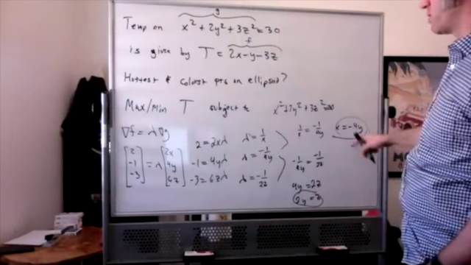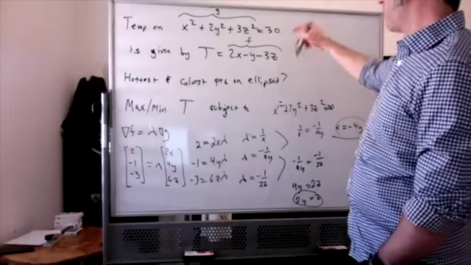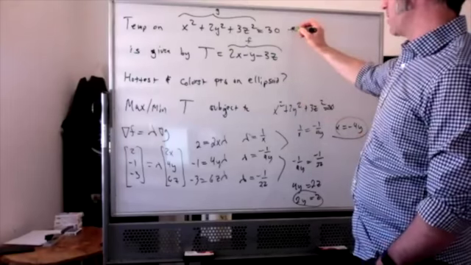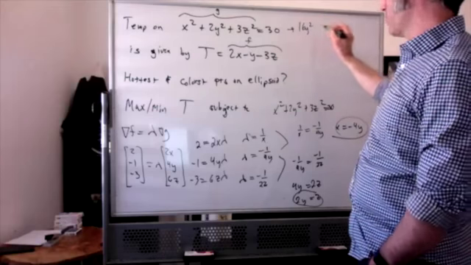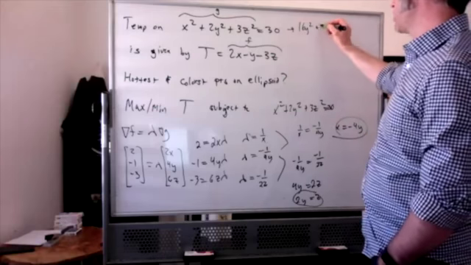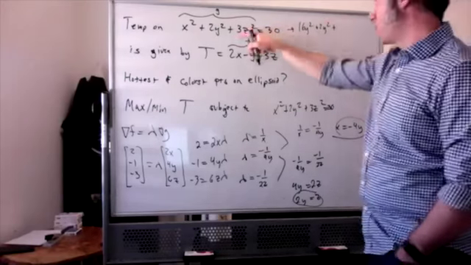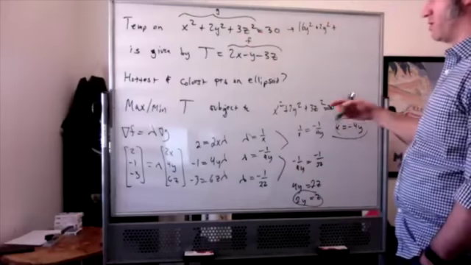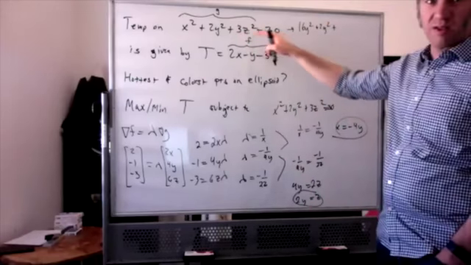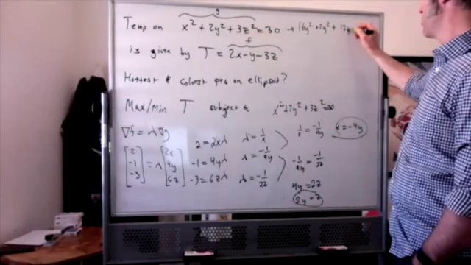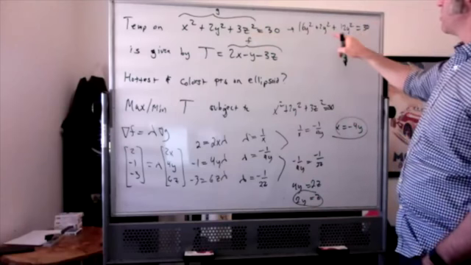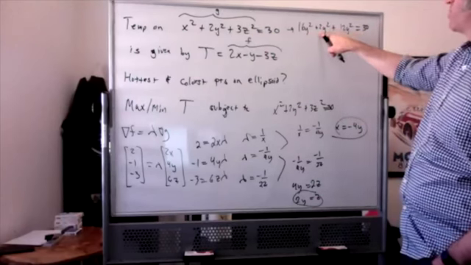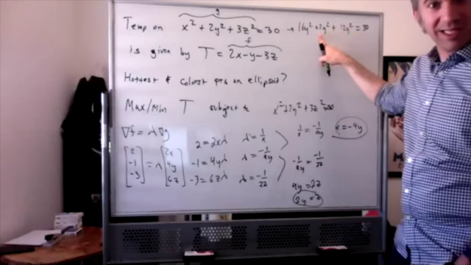Let's plug those back into our constraint. I've got (-4y) squared, so I get 16y squared, plus 2y squared, plus 3 times z, which is 2y, so 3 times 4y squared is 12y squared, equals 30. So 16 plus 12 plus 2, someone came up with nice numbers, that's equal to 30.